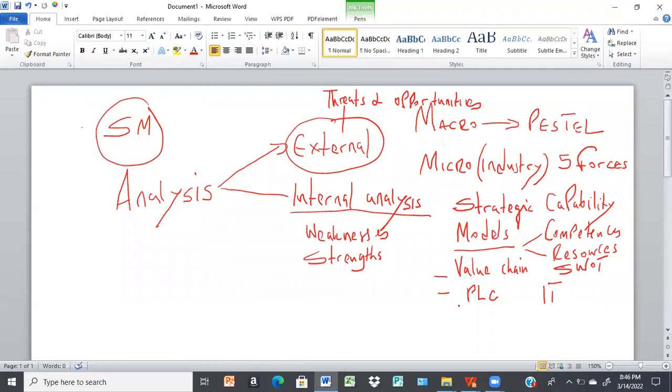So this is how we would carry out the internal analysis of the company. We must be able to draw a product life cycle, and also be able to draw a value chain. We try to check where we are as an organization.